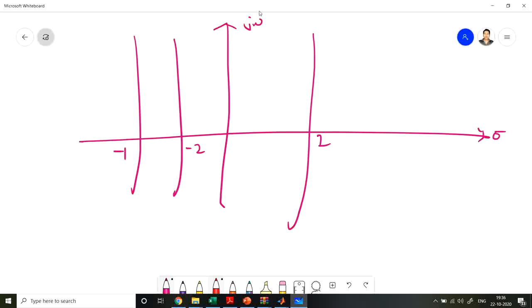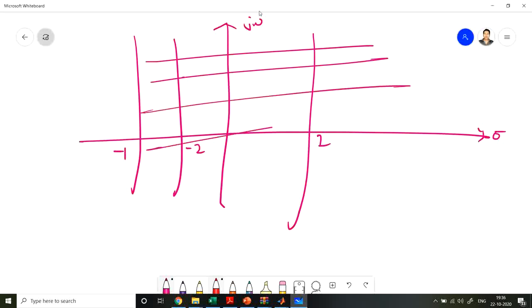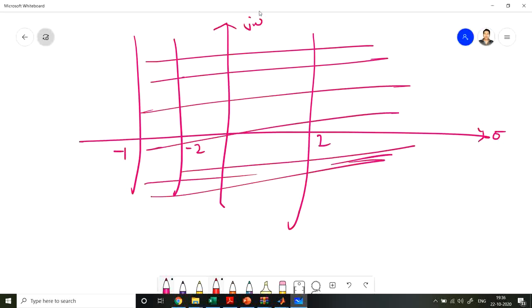So the first signal has ROC real part of s greater than -1. So this is greater than -1. Second is real part of s greater than -2, so greater than -2 means we should go in this direction.